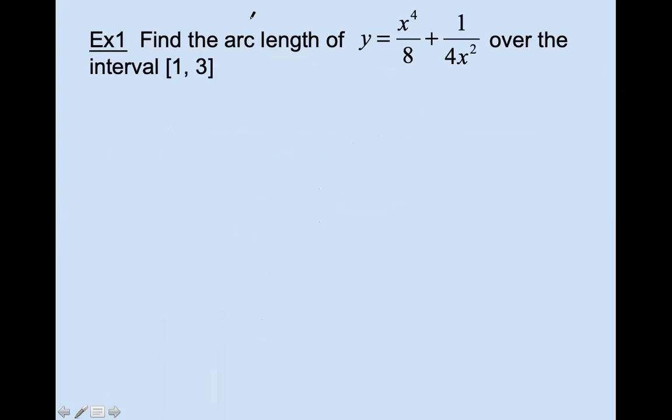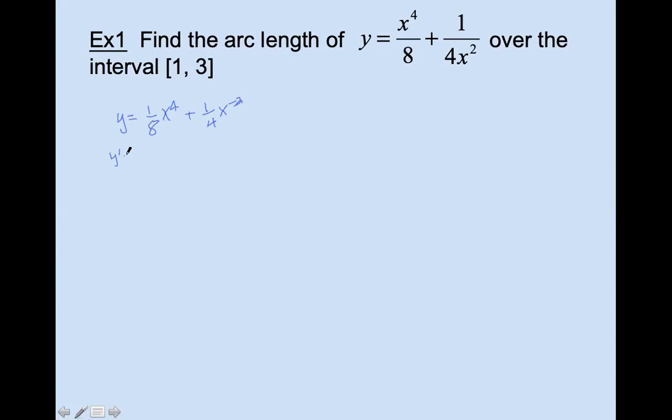All right, so I have y. And I'm going to rewrite these just so it's a little easier to take the derivative. So this first one is 1/8 x to the 4th. And the second function turns into 1/4 x to the -2. So that's what I'm finding the derivative of.